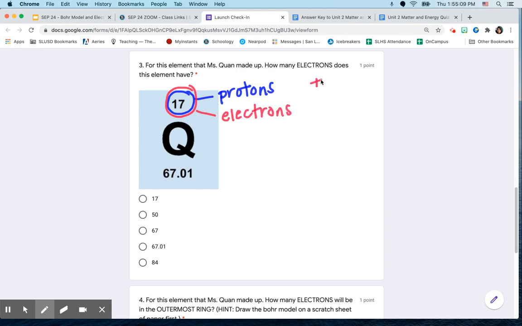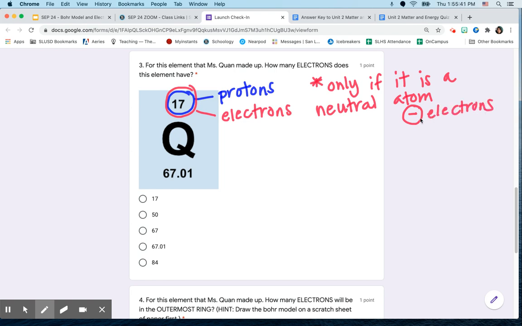I want to make a note to remind you that this top number is the electrons only if it is a neutral atom. So far, we've only talked about neutral atoms, and that basically means I have the same number of negative things, or electrons, as I do protons, which are the positive charges in our atom.